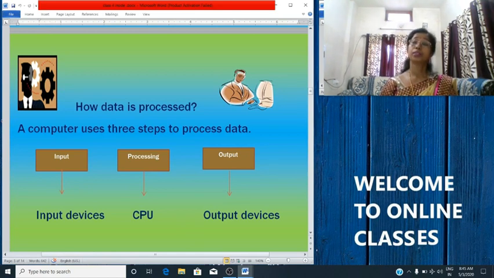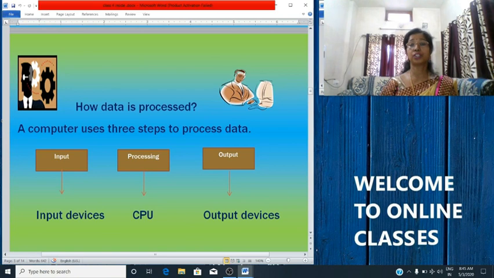Now, in the first step, data is collected from any source and fed into the computer. In the second step, operations or manipulations are performed on data. Now, what is the third step?